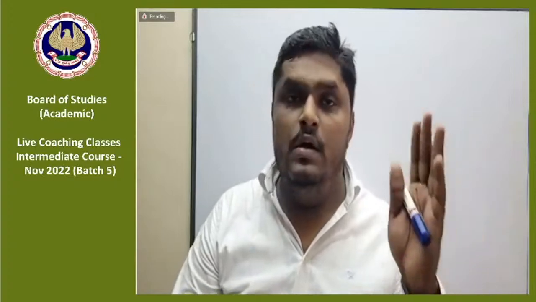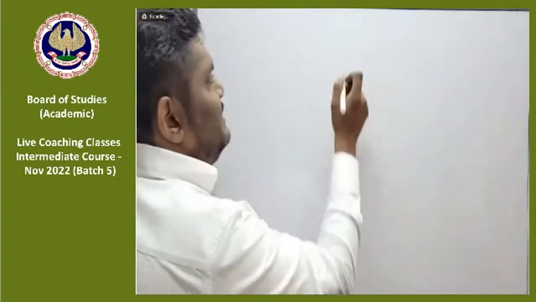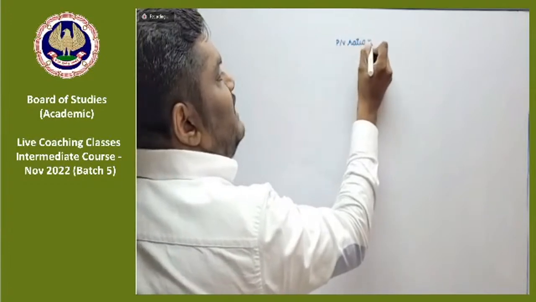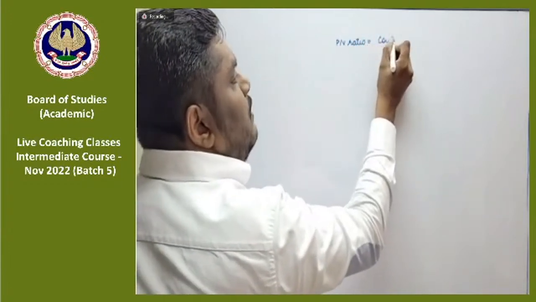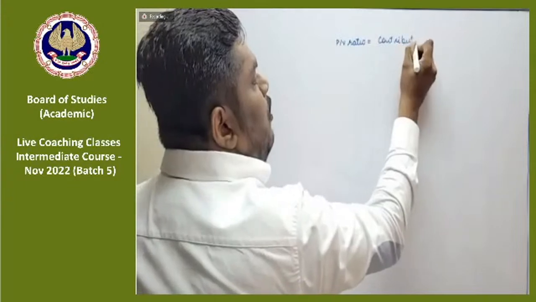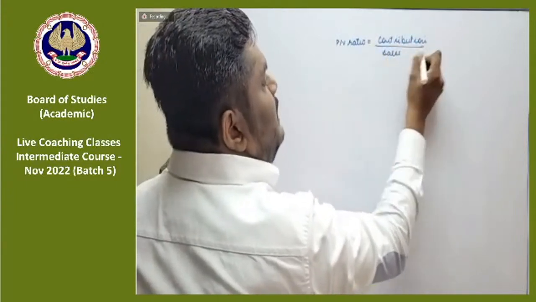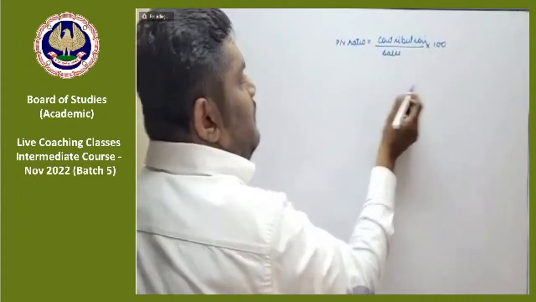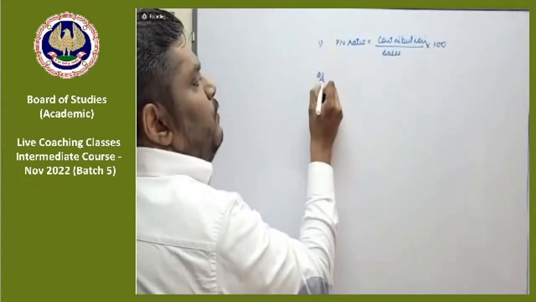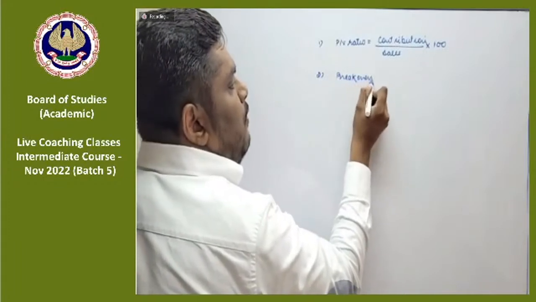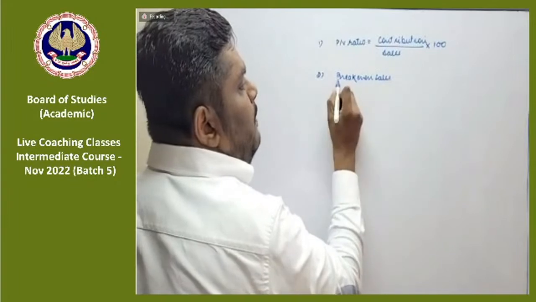So guys, till now we discussed the following concepts, that is PV ratio, which is contribution divided by sales into 100. Thereafter, the second point we discussed is break-even sales.